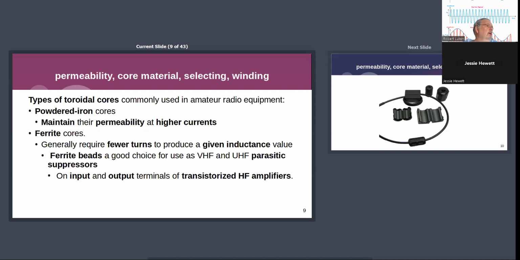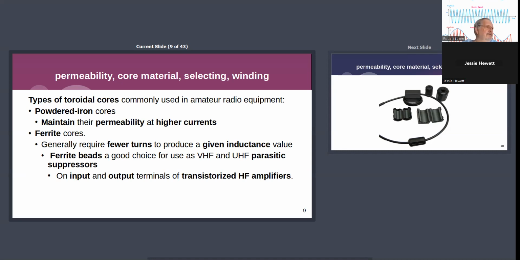Is that because it's less likely to heat up? I don't know if it's the heat or exactly what, but that's definitely the problem with ferrite. As you put more energy into it, it heats up, and the heat causes the permeability to go down and it starts to saturate, and then it no longer works.